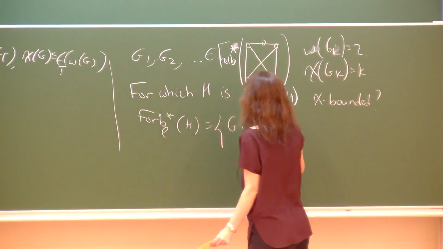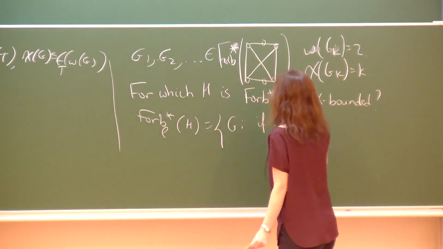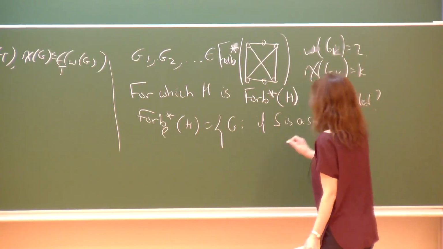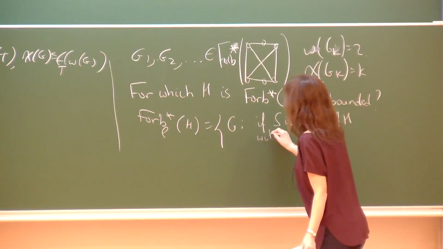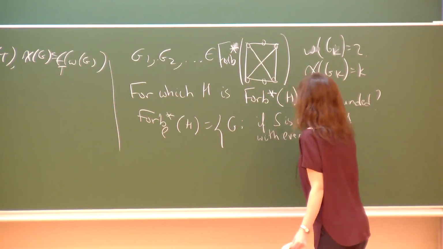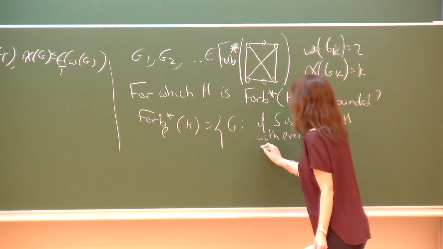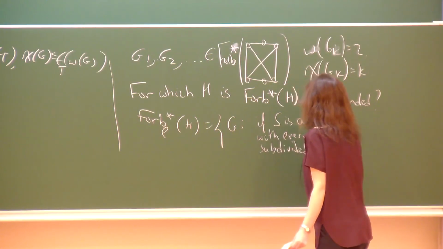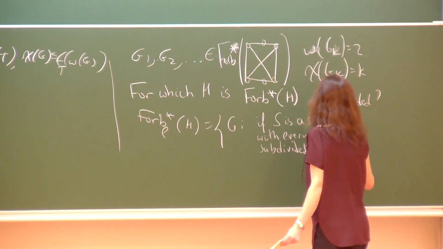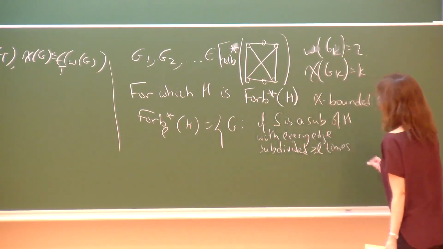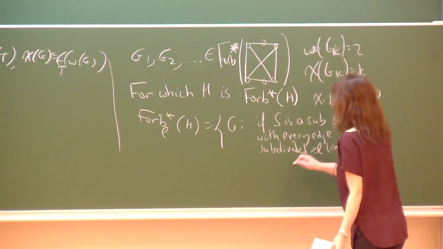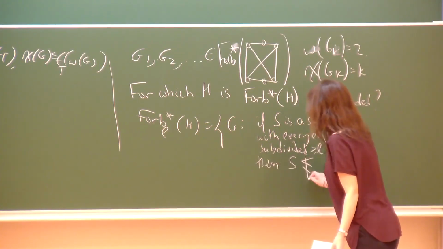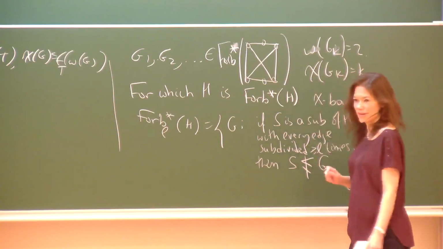So if S is a subdivision of H with every edge subdivided at least L times, then S is not an induced subgraph of G.